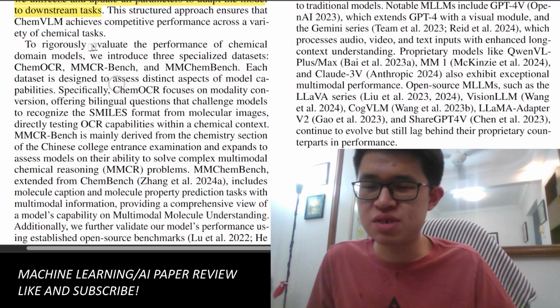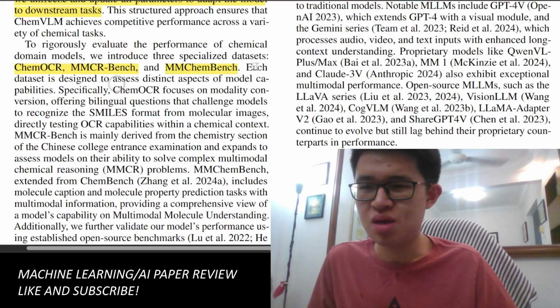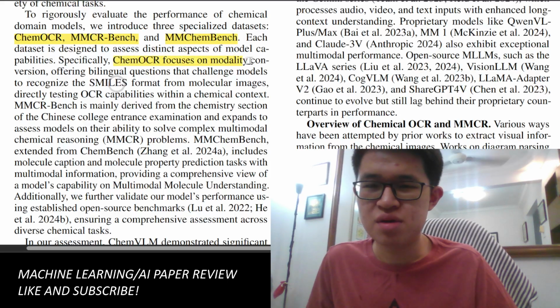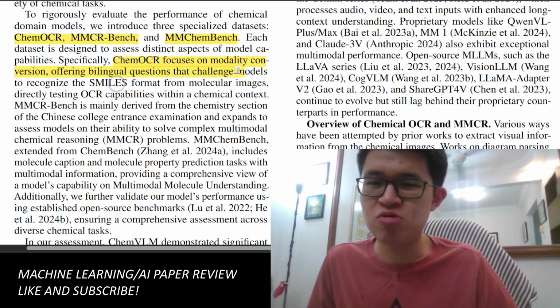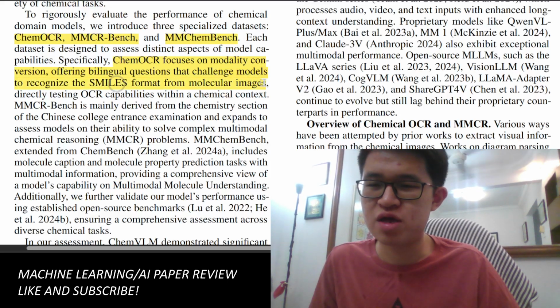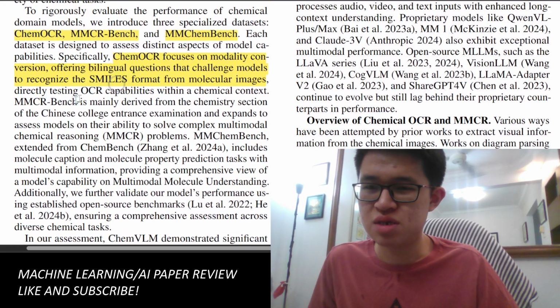To rigorously evaluate the performance of chemical domain models, they introduced OCR datasets, reasoning datasets, and chemistry datasets. Each dataset, blah blah blah. ChemOCR focuses on conversion, offering bilingual questions that challenge the models to recognize SMILES from molecular images. That's what the dataset does.